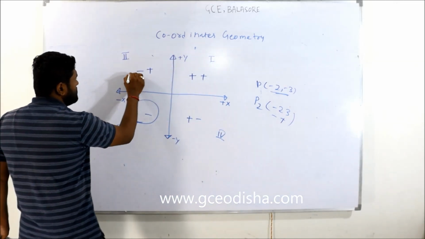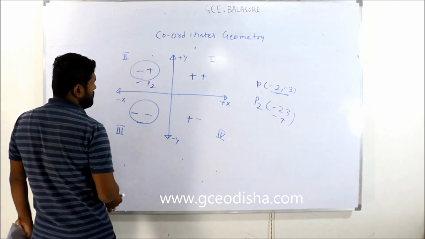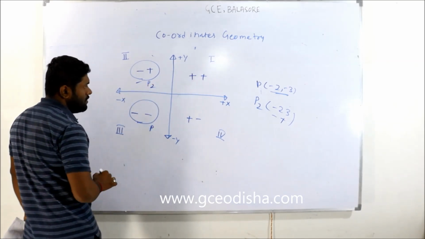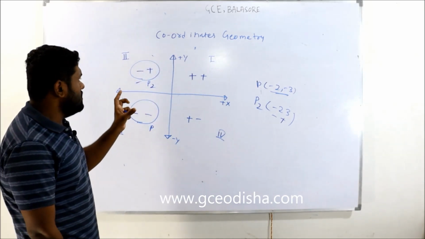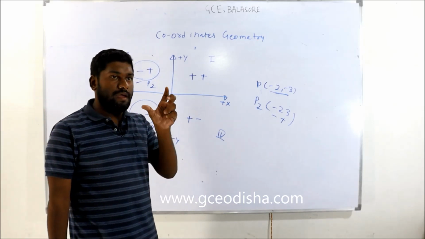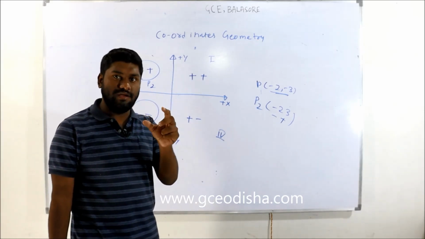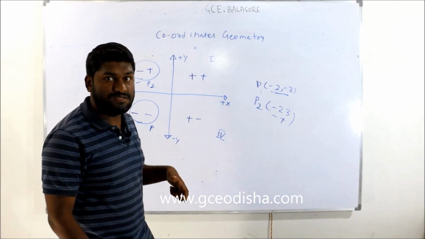Then P2 comes in this quadrant. By using quadrants, we express in which quadrant a point lies with respect to the signs.